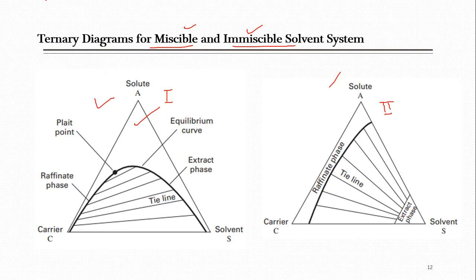By the way, in all the diagrams we discussed up to here, the raffinate was located on the right side of the plait point, but in this diagram it is located on the left side while the extract is located on the right side. How did this happen? As I told you, this is based on the location of your solvents.